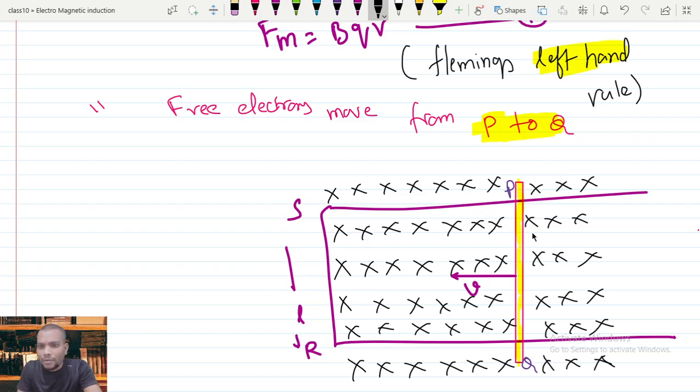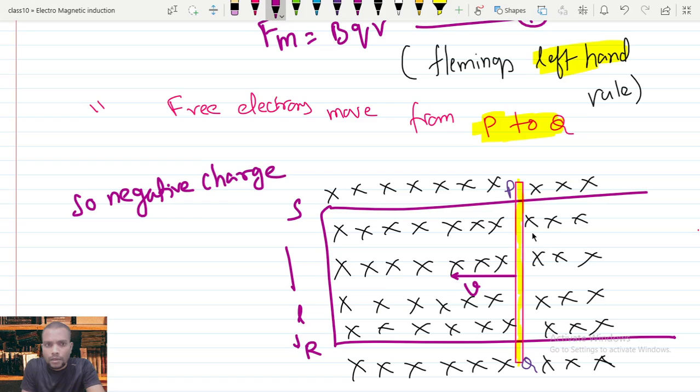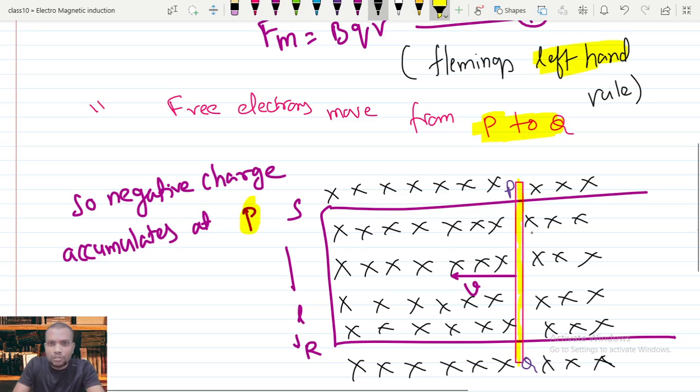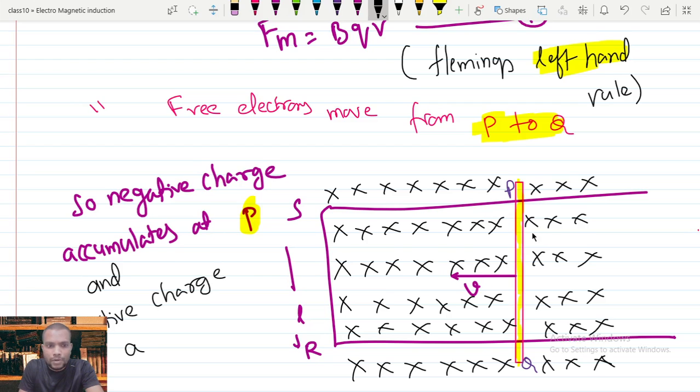So if they are moving from P to Q, it means negative charge accumulates at P and positive charge accumulates at Q. So when the free electrons move from P to Q, negative charge accumulates at P side and positive charge accumulates at Q.